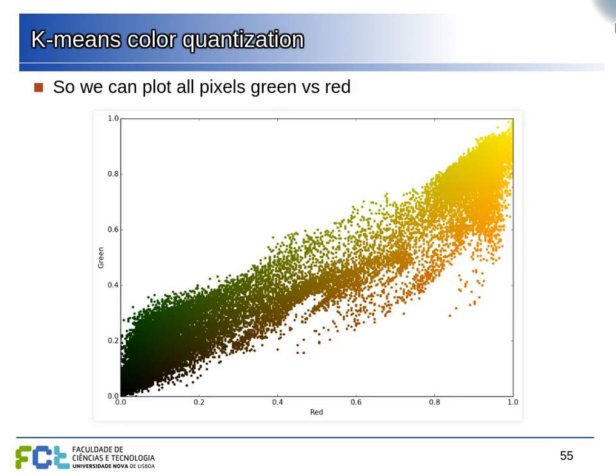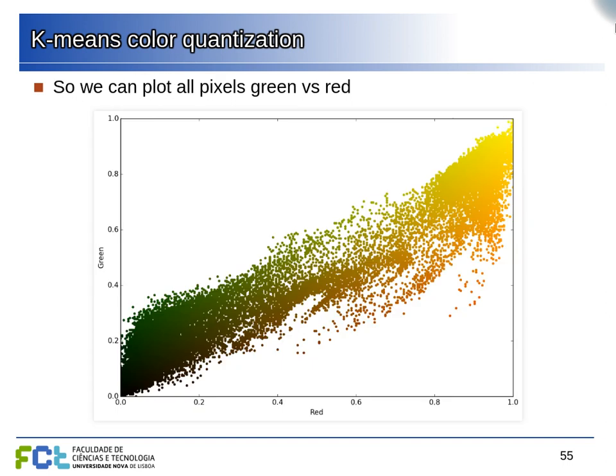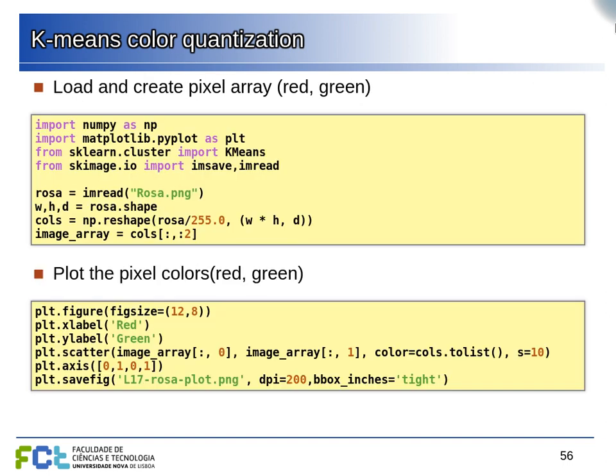So these are the coordinates here, the two color values for each pixel. And this is just an example of how you can do this plot. So you can use the scatter function for plotting. You have one vector for the x-coordinate, which is the first color channel, red. The vector for the y-coordinates, so I use the second color channel, green.